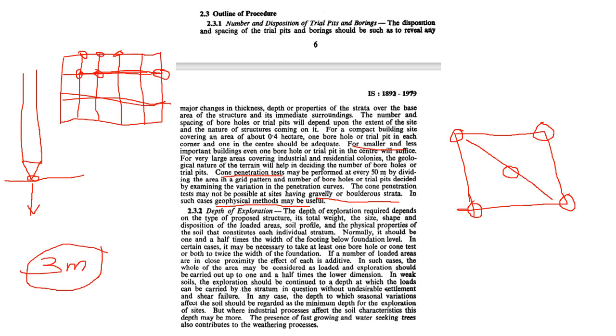Then what you can do is, once you have decided on the foundation, there is something called significant depth. That is, suppose you are planning to keep your foundation. Now this is your footing.